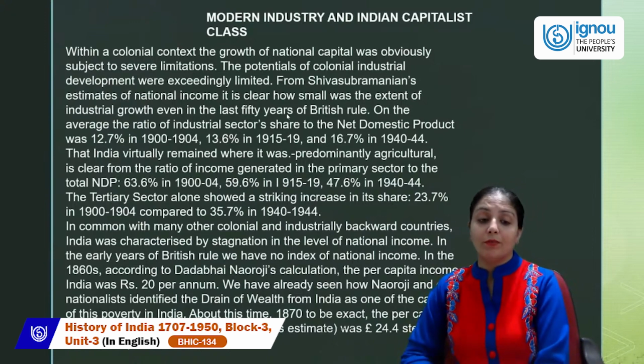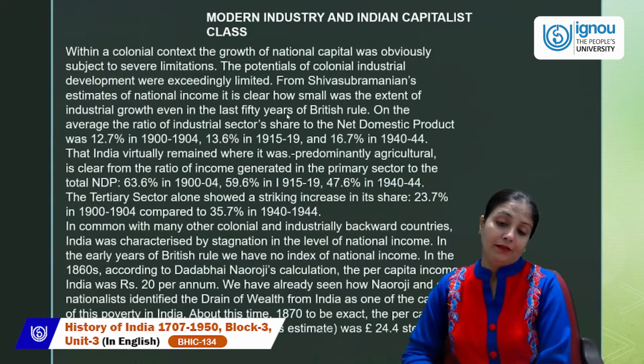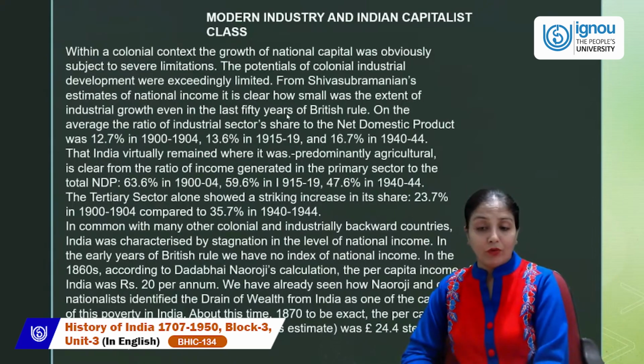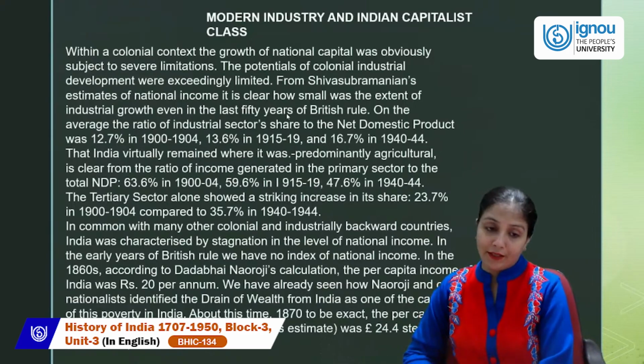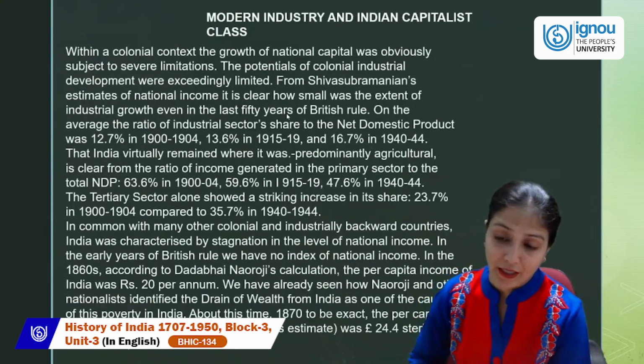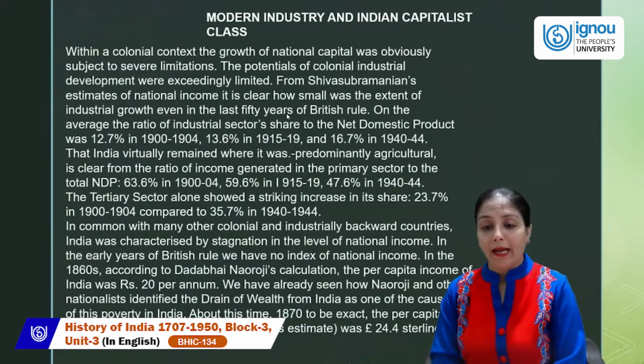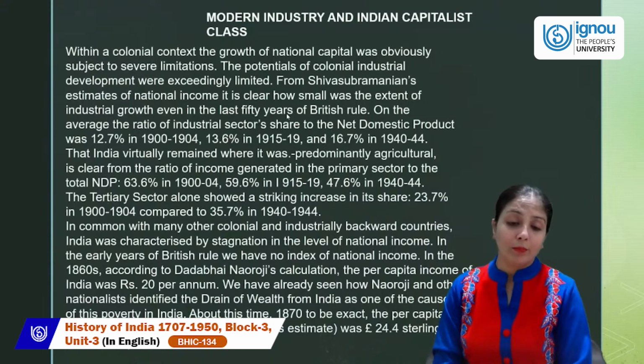And that was a big difference between 20 and 568. 24.4 sterling, if it is converted to Indian currency, is 568 rupees. Now you can see the difference between these things: in India, 20 rupees per annum, and in England, 24.4 sterling per annum.